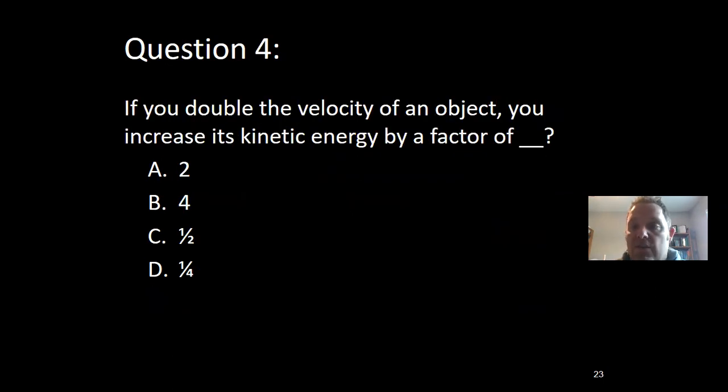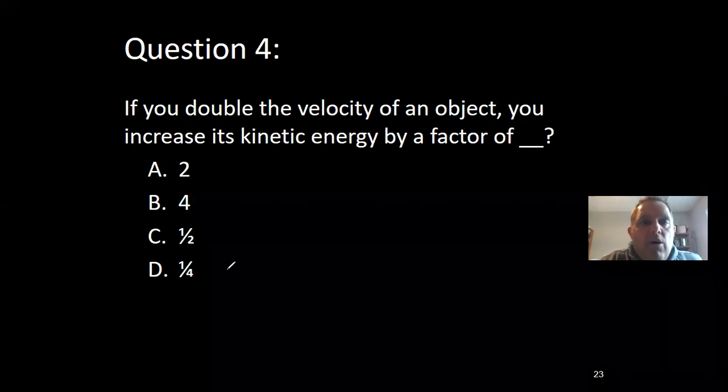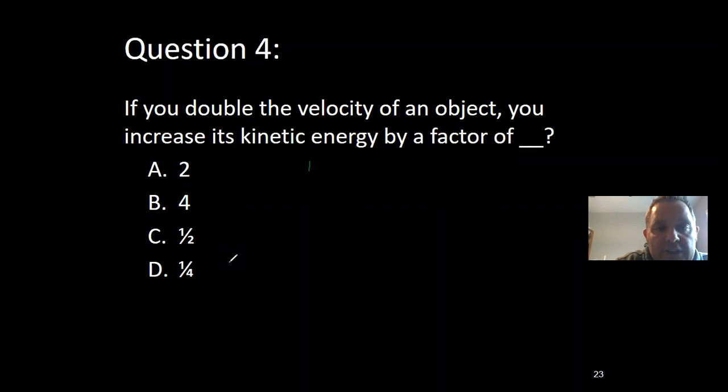All right, I think this is a tricky one. If you doubled the velocity of an object, you increase its kinetic energy by a factor of, well, let's write our equation down. And remember, here we're talking kinetic energy again.